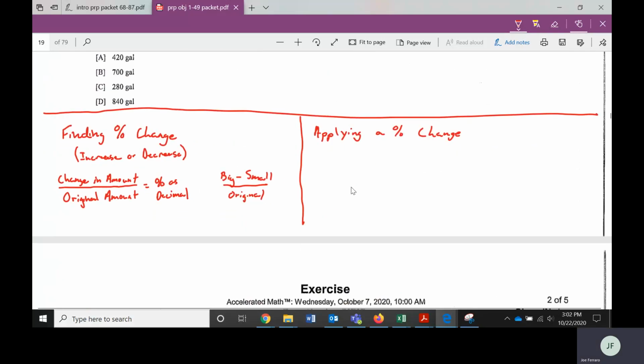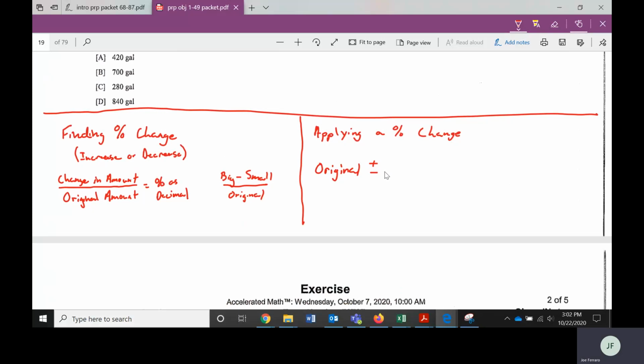Okay, so what you're going to do here is you're going to take the original value, and then you're going to either add or subtract, and that's going to depend on the problem. If it says it was an increase or a decrease, so it's going to be one of these.